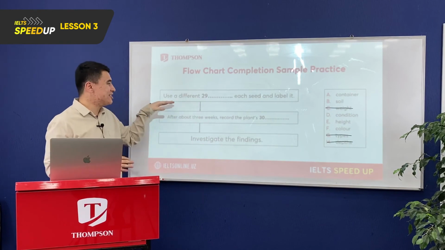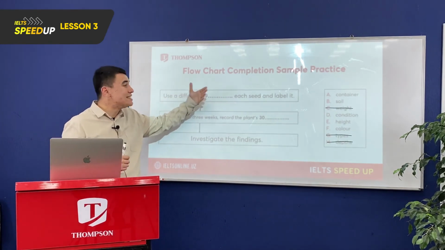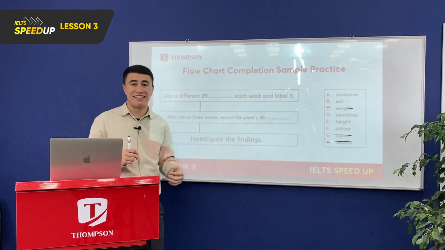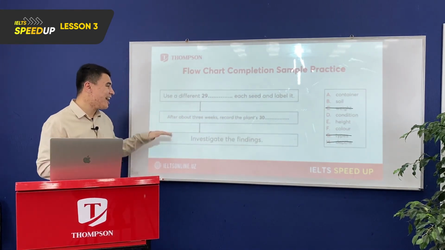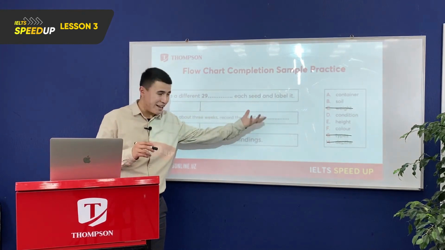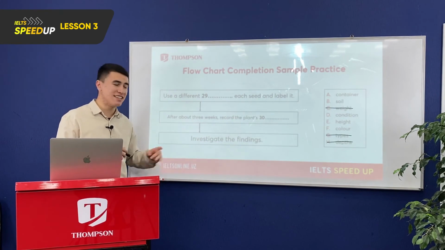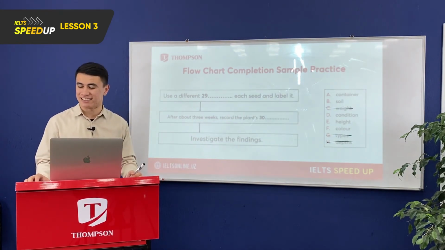Okay, question number 29. Use a different something for each seed and label it. Label means mark it. Okay, after about 3 weeks, record the plants, okay, something, and the last stage is investigate the findings. Okay, let's listen.